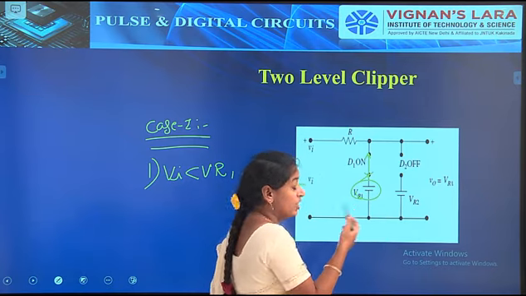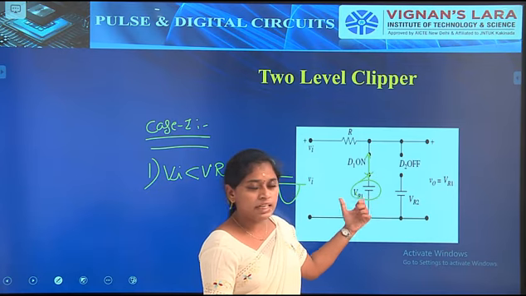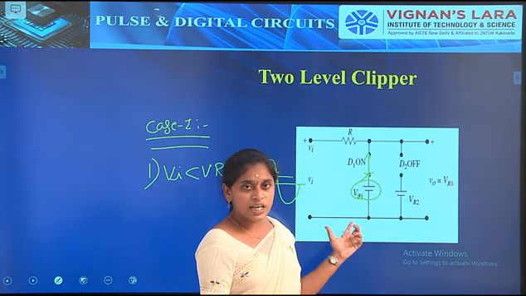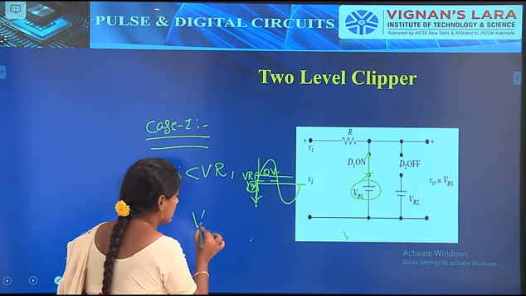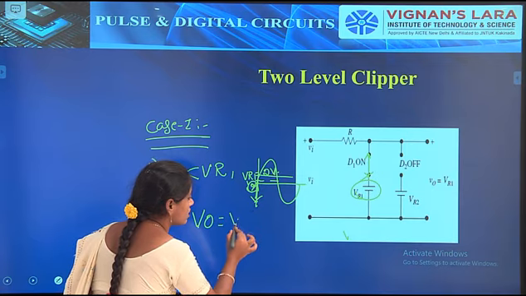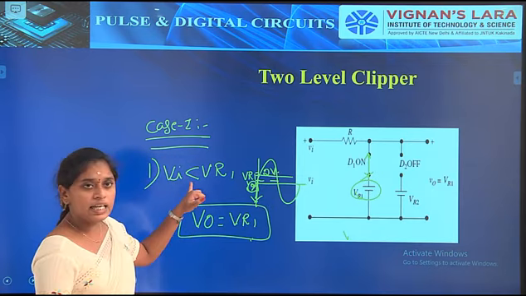But here there is a reference voltage, VR1, present in parallel with the output. So the output V0 will be VR1. So from this, V0 is equal to VR1 in the first condition, that is, Vi less than VR1.